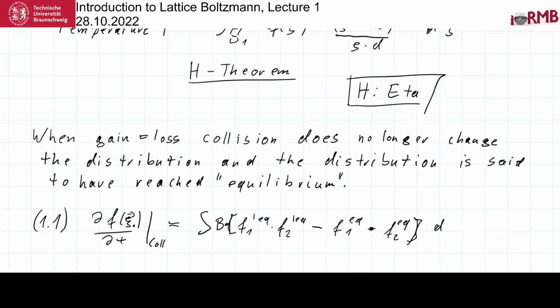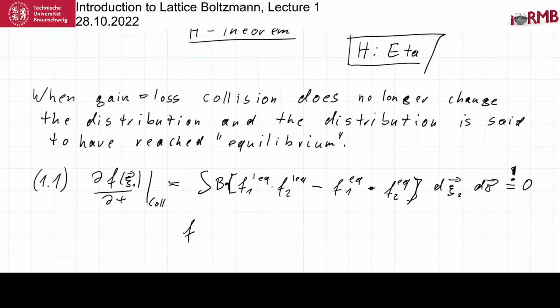Let me finish this equation, so we're integrating over xc2. If they are in equilibrium, then there will be no further change, so this would be equal to 0. This f, what I call f1, is a shorthand, because now I have to write a lot of these things. It is fc1, and if I write f1 dash, this is f1 dash.